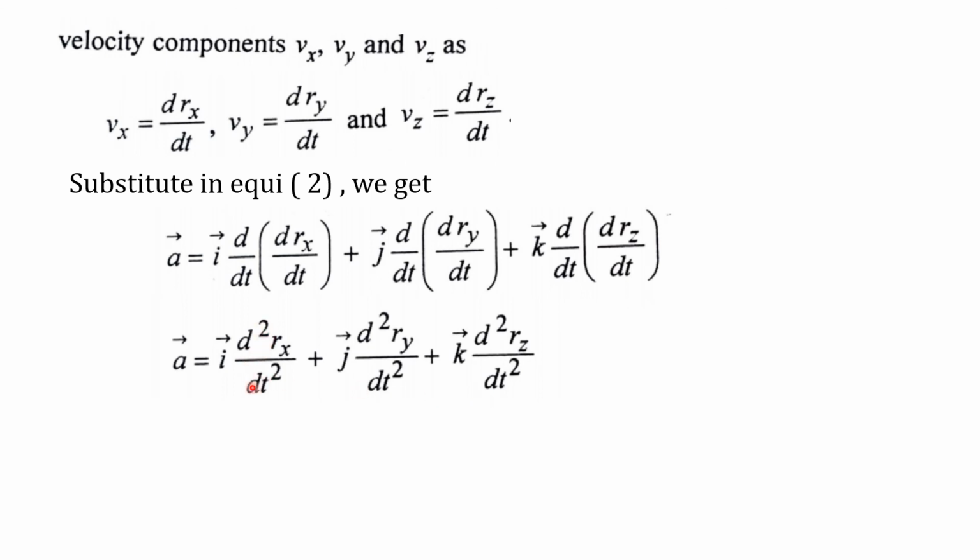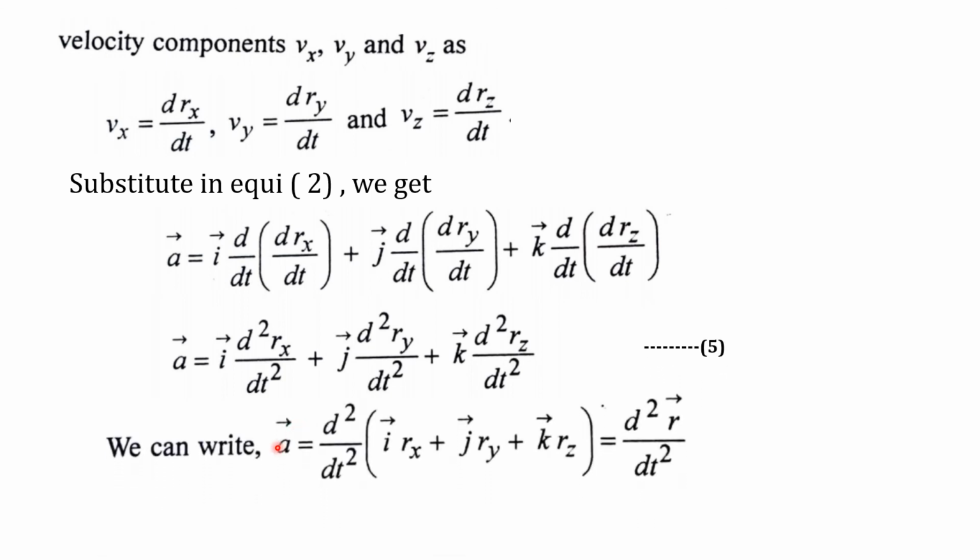Now, if we again take the common d square by dt square, what is the term remaining inside the bracket? i rx plus j ry plus k rz. That bracketed term becomes equal to position vector r. Hence, acceleration, vector A, is equal to d square r by dt square.